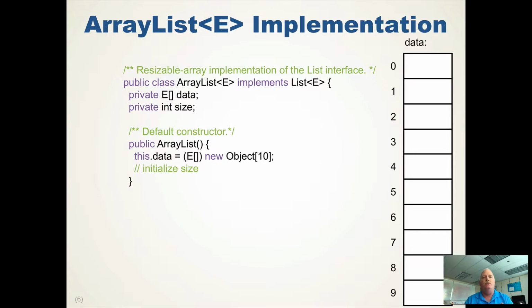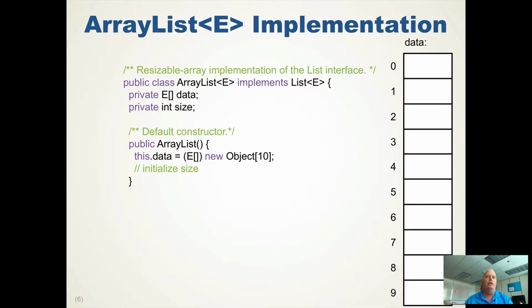So what we have to do is create an array of objects and then cast that array of objects into an array of type E. And as you recall, Object is the base class of all Java classes, so this cast is legal. So we can store any of the items in an array of objects.